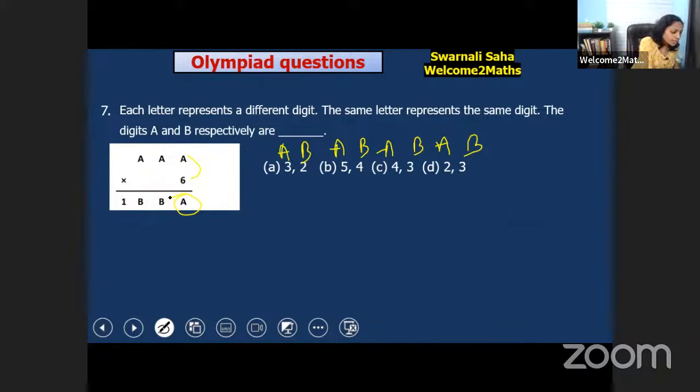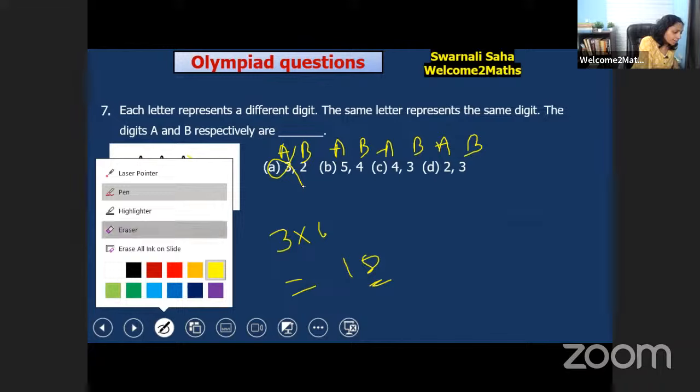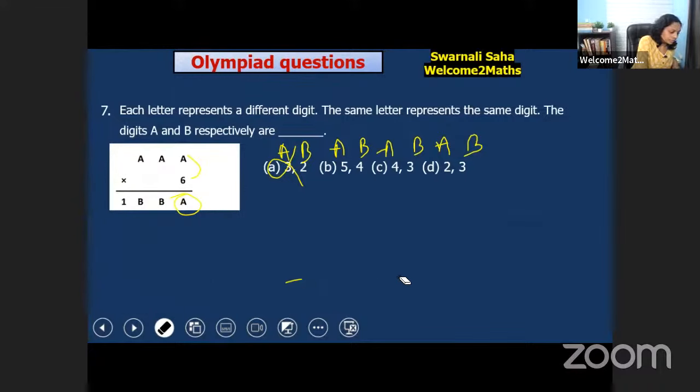So the first option here is 3, 2. We take 3, because A is 3 in the first option. Whenever you multiply 3 and 6, we get 18. So is 3 at the ones place? That means it is not possible. So let's eliminate this. Now let's take the next one, 5 and 4.